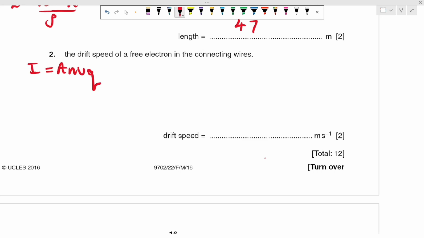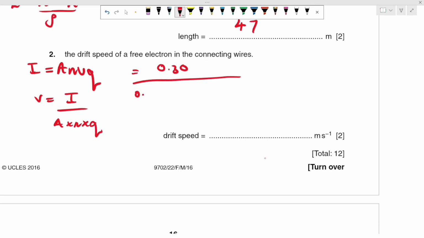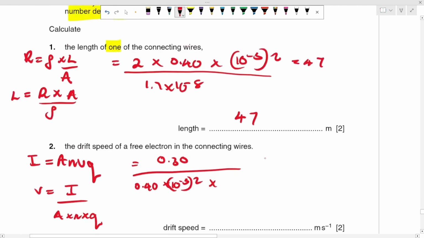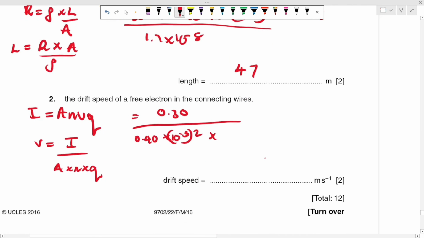From the famous equation for current in a current carrying conductor. So from this, my v will be equal to my I divided by my A times my n times my Q. My I is 0.30. My A is 0.40 times 10 to the power of negative 3 squared. My n, if you look at here, it's 8.5 times 10 to the power of 28.